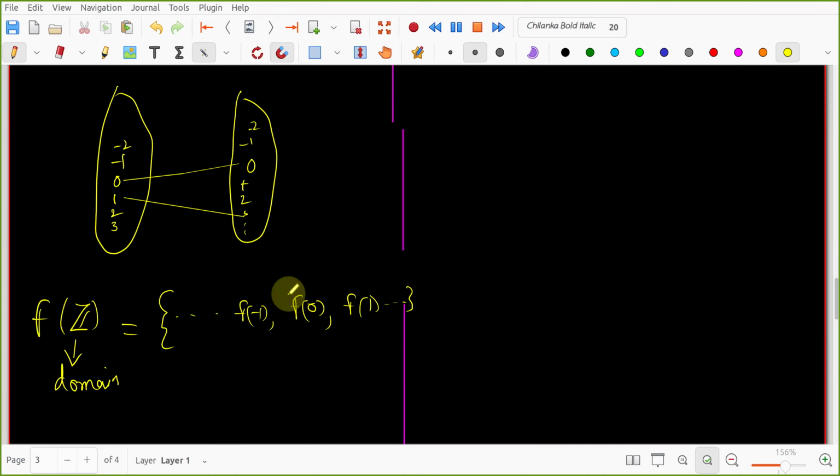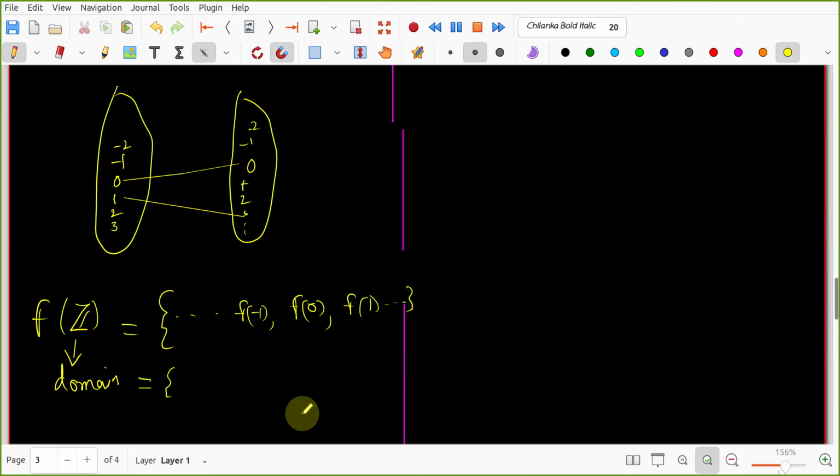Set B, this is the range set. It is the range, that range is a set. Okay, is this what you are saying?